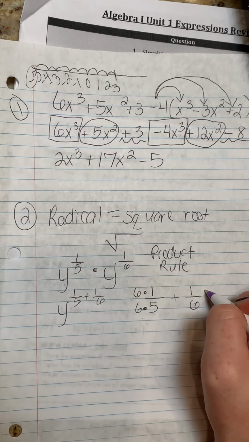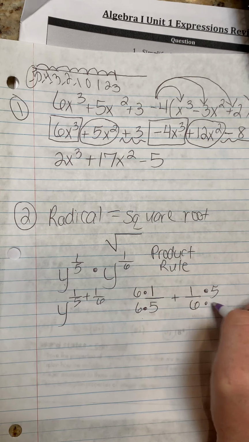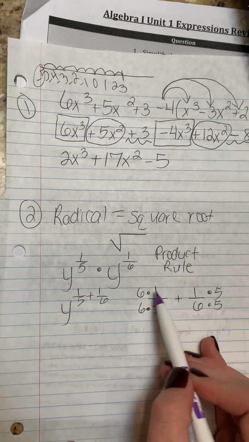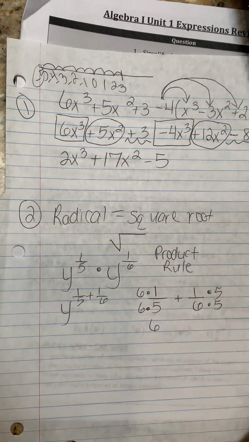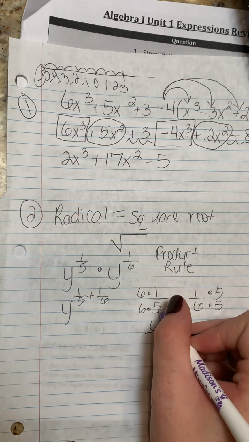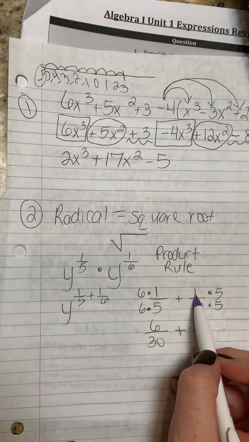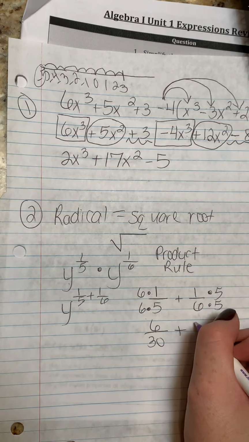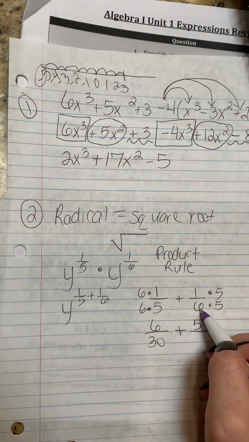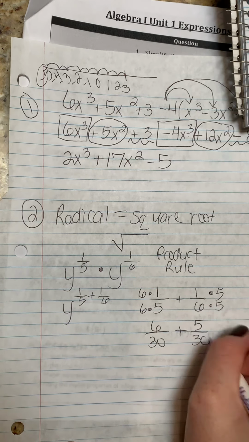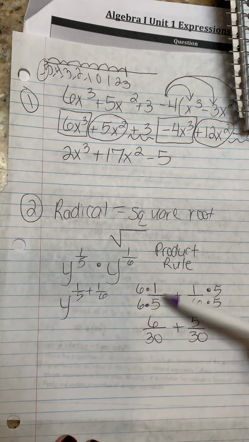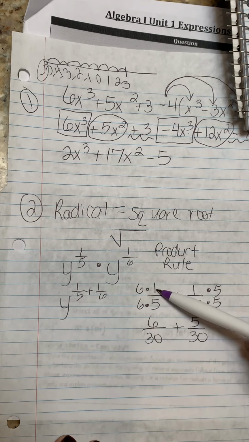Over here, I'm gonna multiply by 5. 6 times 1 is 6, over 6 times 5, 30. Plus 1 times 5, 5, and then 6 times 5, 30.